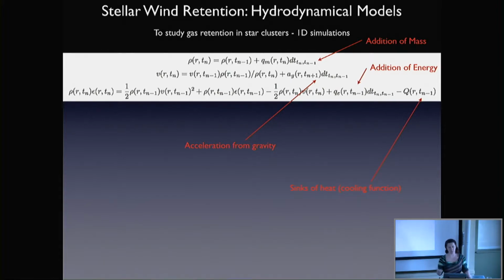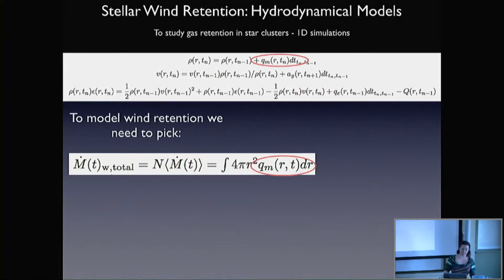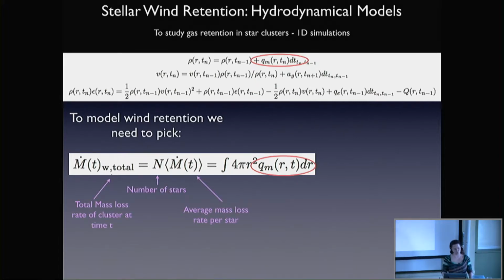You might also want to take into account some heating or sinks of heating, like a cooling function. Basically, we need to pick the total mass injection by a population of stars, and here we use as a proxy some average mass loss rate times the number of stars. You also have to pick how these things depend on radius. For the things that I'm going to show you, they just follow the potential.